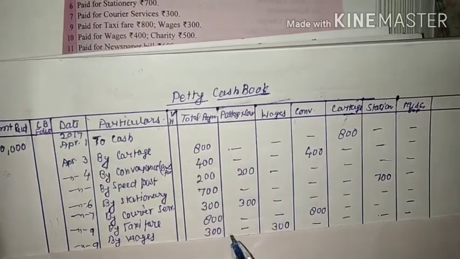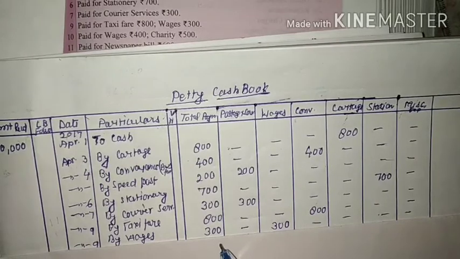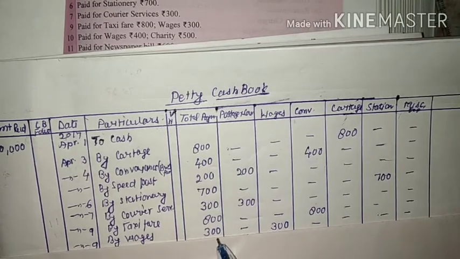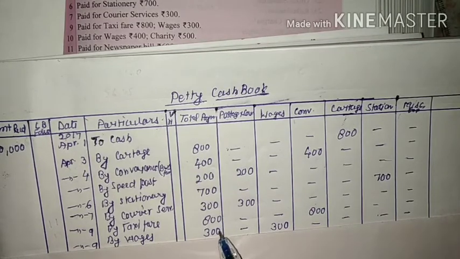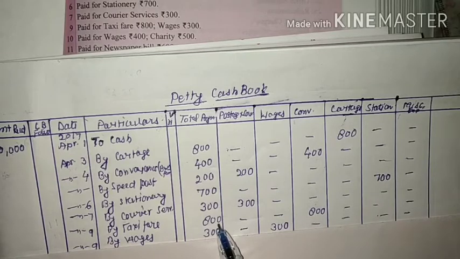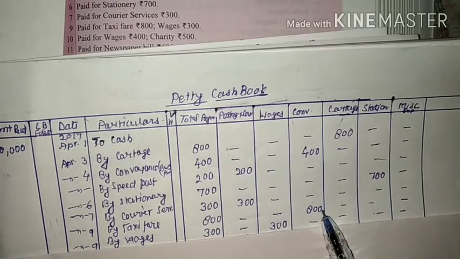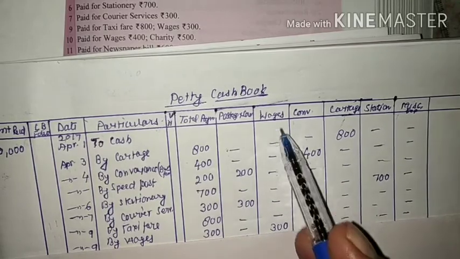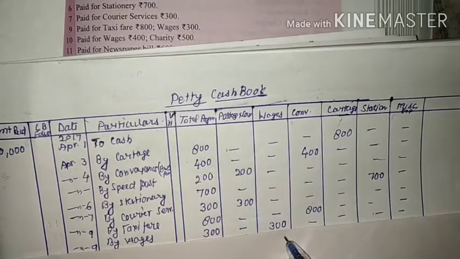Taxi fare will be shown in the conveyance column, and wages 300 will be shown in the wages column, in its separate column.